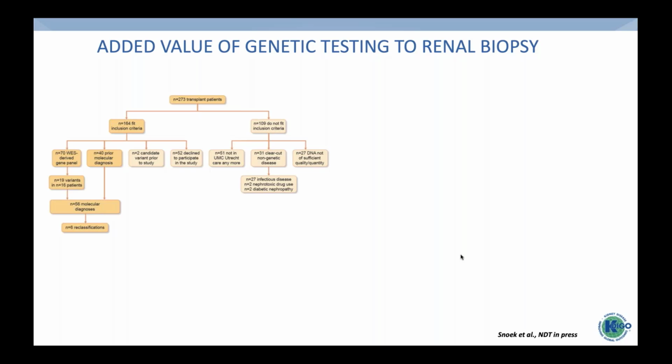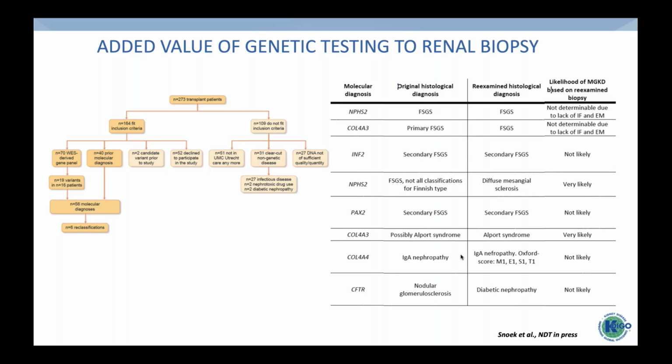What was also important to know is that in 6 of these patients, we had reclassifications from the original histological diagnosis. This is just to show you some of those examples. There was an original histological diagnosis, and we asked the pathologist, in a blind way, to re-examine the histological diagnosis of these patients.